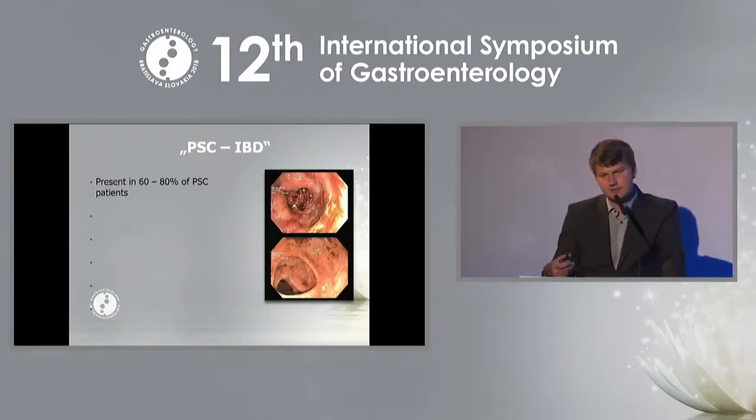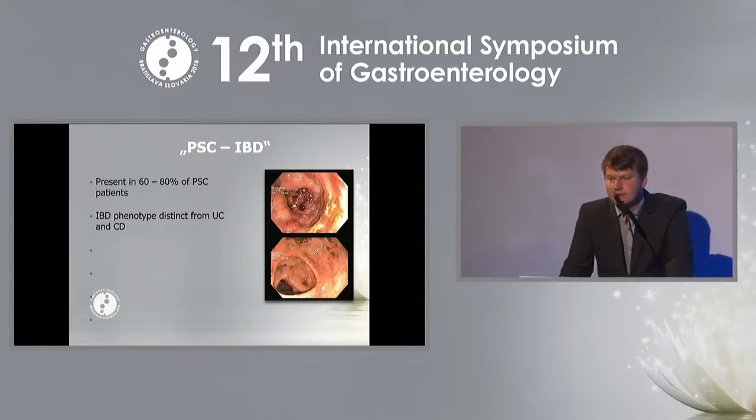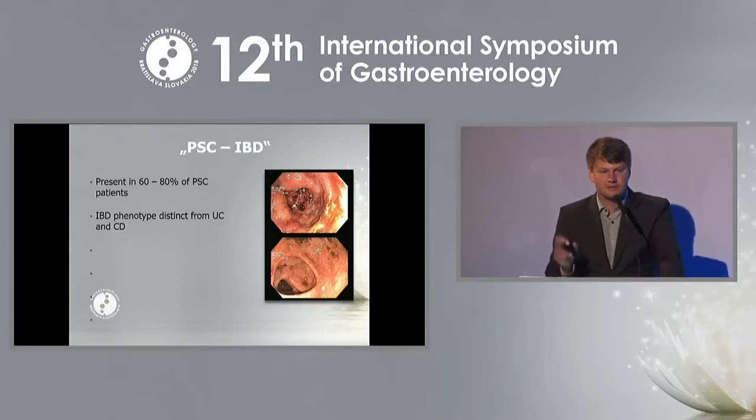To understand the role of the microbiota, because I mentioned the role of microbiota in IBD previously, we have to say that up to 80% of PSC patients also have concomitant inflammatory bowel disease, which is considered to be a phenotype distinct from, let's say, ordinary ulcerative colitis and Crohn's disease.